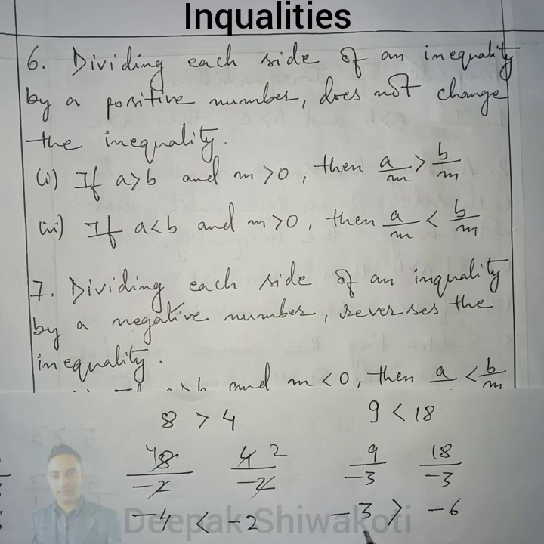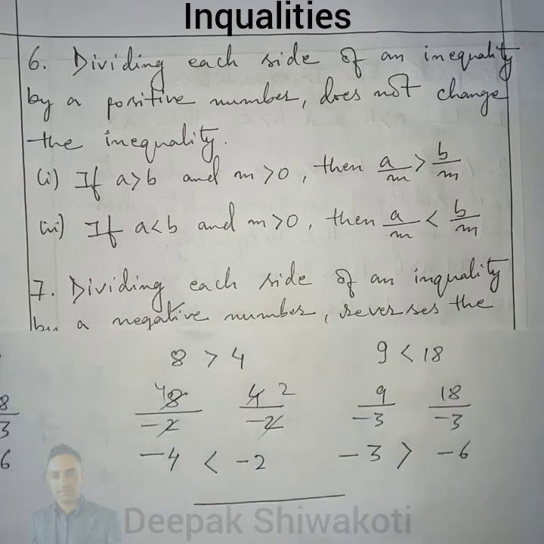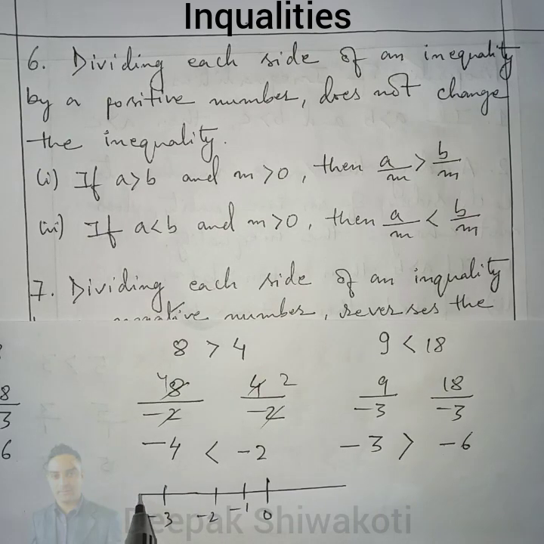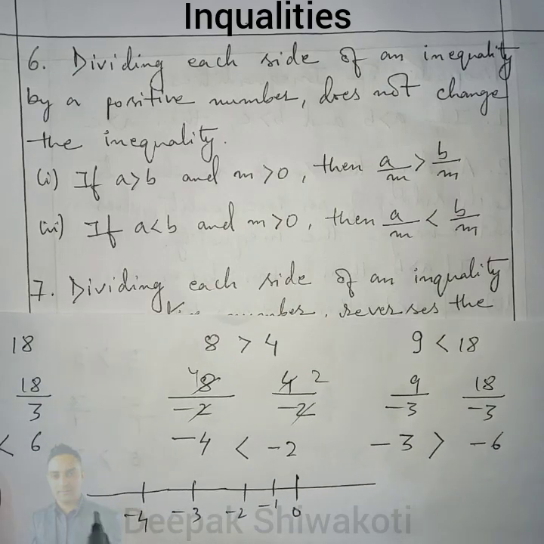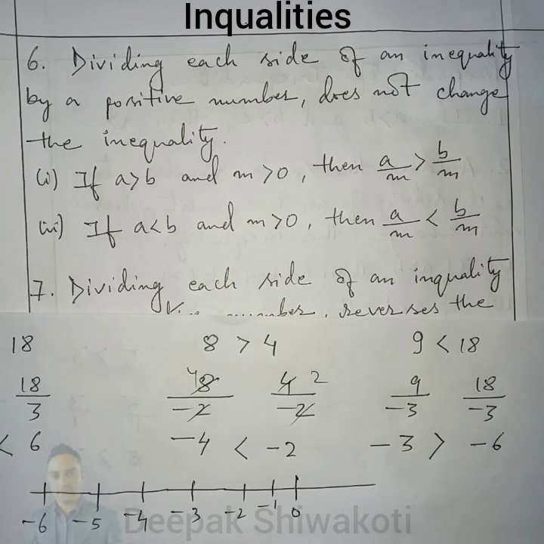And you know that minus 3 is greater than minus 6 because on the number line, 0 is here, then minus 1, minus 2, minus 3, and minus 4, it goes like this, minus 5, minus 6.